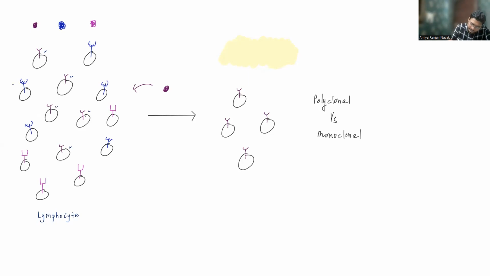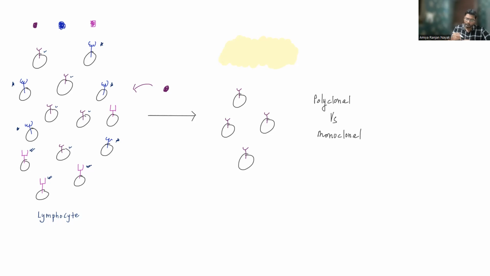Then you can also identify that there is another group of antigen receptors, and also there is a third type of antigen receptors like this. So this is known as lymphocyte diversity. That means in our body, various lymphocytes have a particular type of antigen receptor for a particular antigen, and they are different from each other.